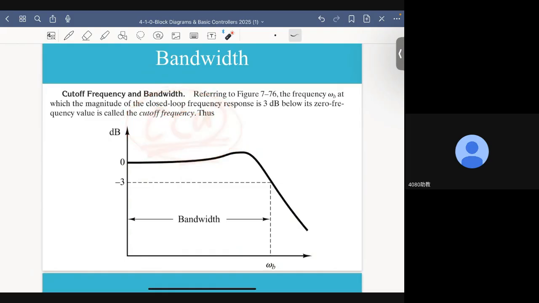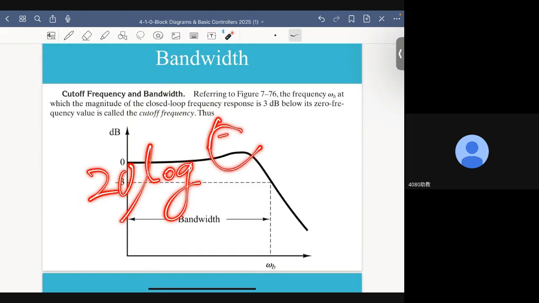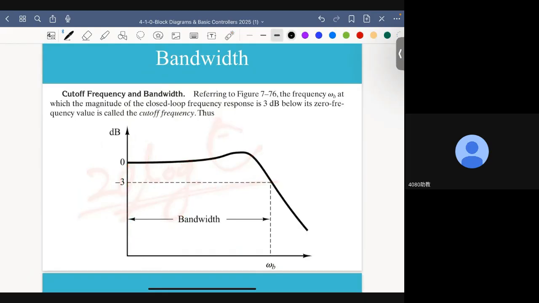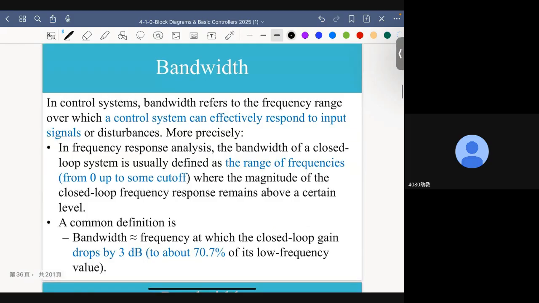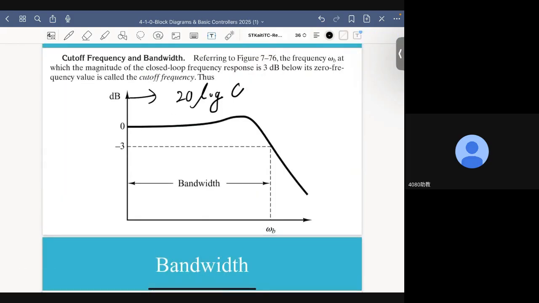Now, we will talk about dB later, but essentially dB is 20 log C. Let me just write it down. 20 log C.